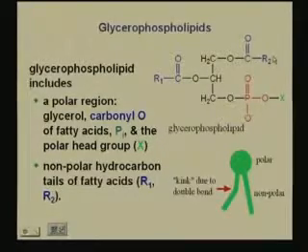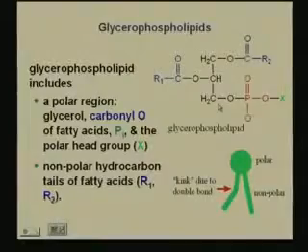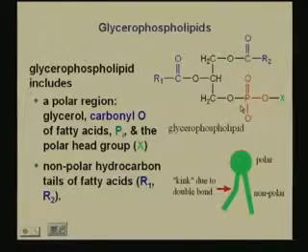We have one fatty acid linked on the first carbon, a second carbon linking another fatty acid. So, obviously, we can change the type of fatty acid that we have. As soon as I change the type of fatty acid, the type of lipid is going to change. Then, I have an esterification on the third carbon atom with phosphate, and I have a polar head group here, which we will see how that affects it. So, what do I have? Where is my polar head group? It is here.